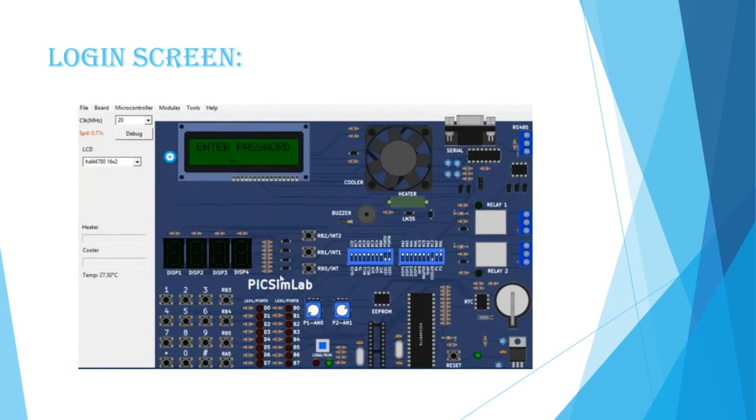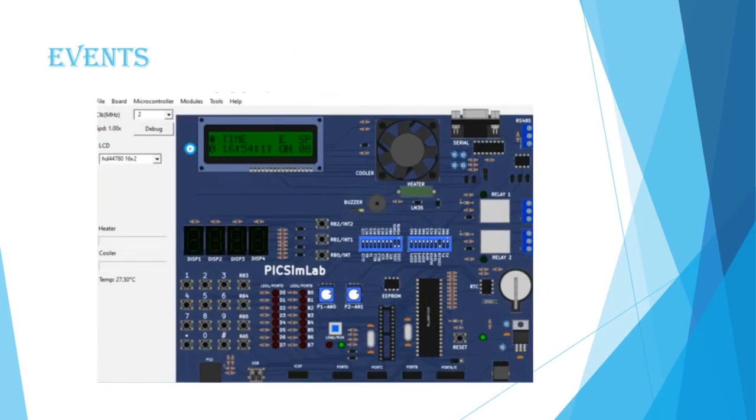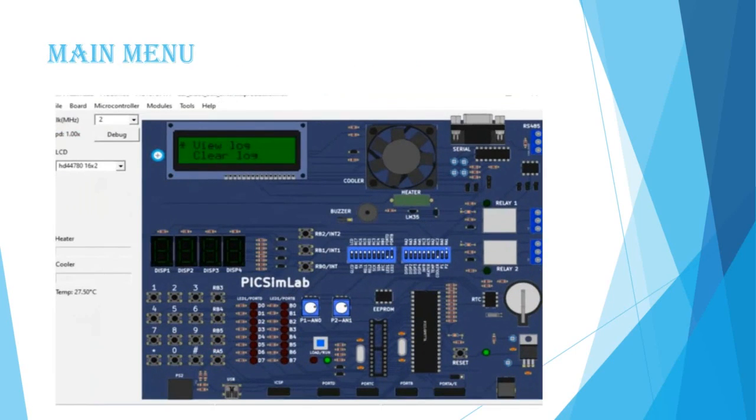This is the login screen. It would ask for a password to login, and if the password is wrong, the user would be blocked for a time which is given earlier. After entering the correct password, the main menu will be displayed on the CLCD.